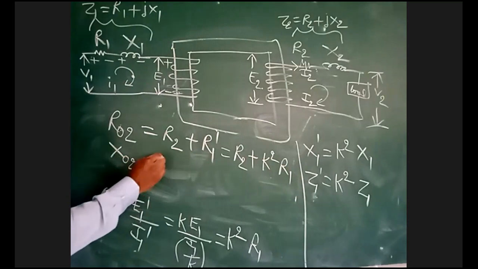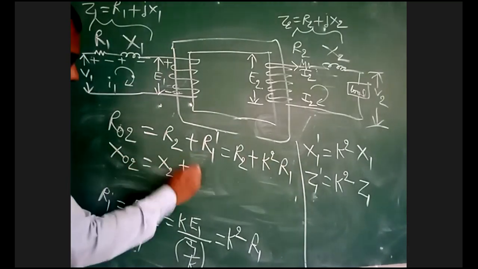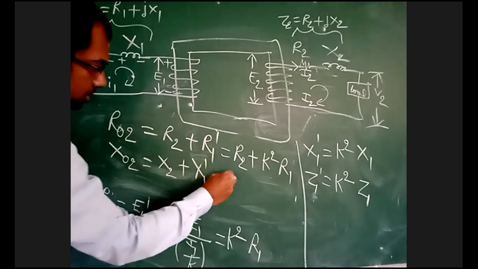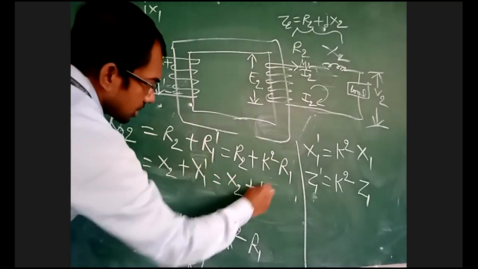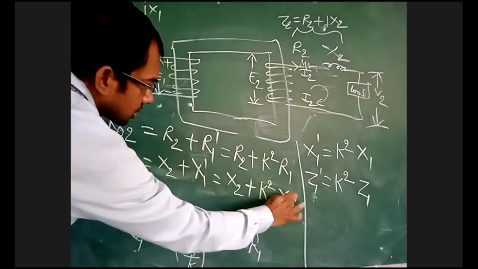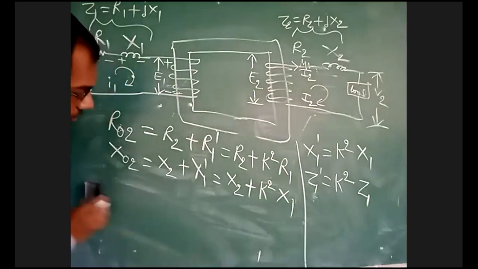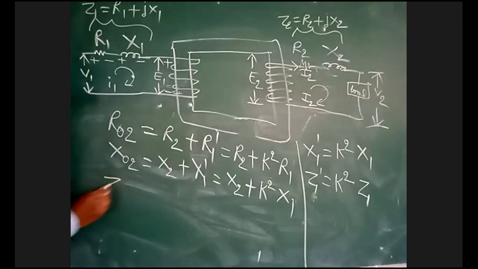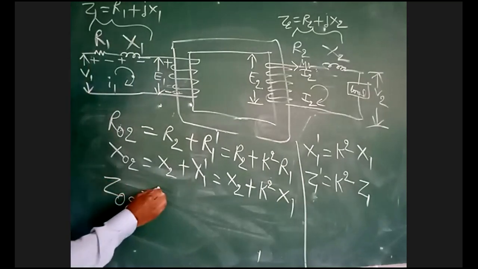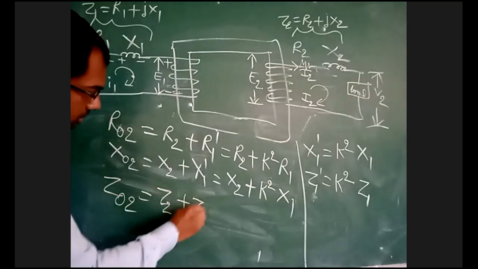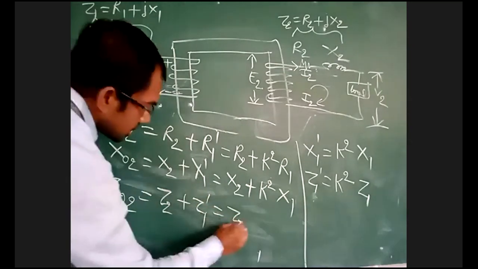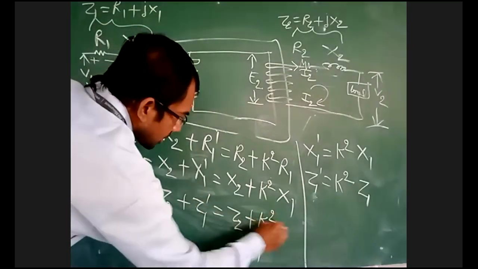X02 is equal to X2 plus X1 dash, that is X2 plus K square into X1. Now Z02 is equal to Z2 plus Z1 dash, that is Z2 plus K square into Z1.